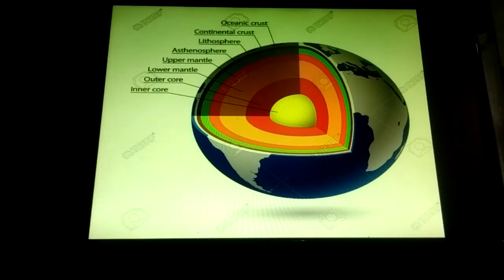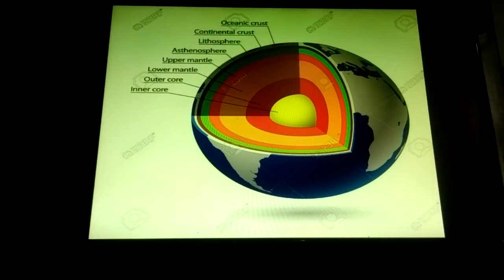The inner core is composed of nickel and ferrous iron. The first two letters are joined to make the word N-I-F-E, NIFE, and it is solid.